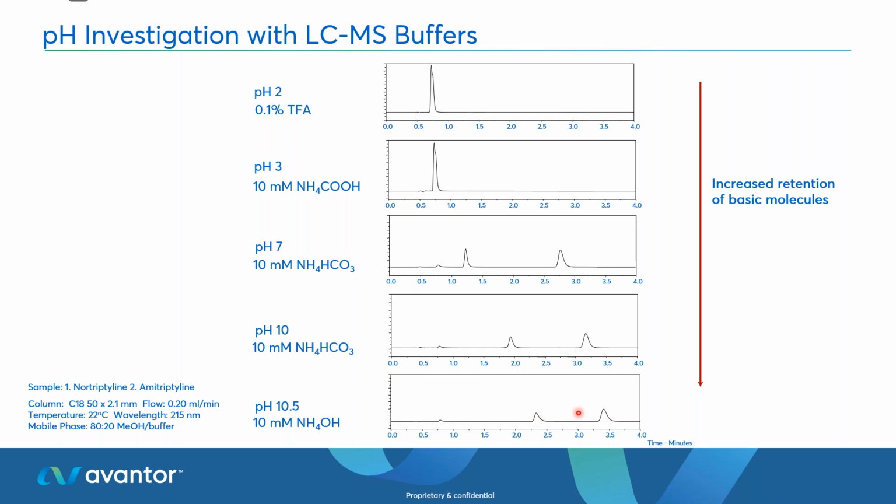And here we've changed to the ammonium hydroxide. Again, you can see a big difference. The peaks are starting to get a bit broader. The retention time here is probably a bit too long. K values are too high. But it shows you the influence of changing pH on a very simple mix of bases.